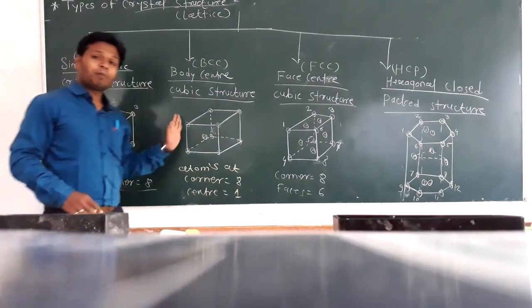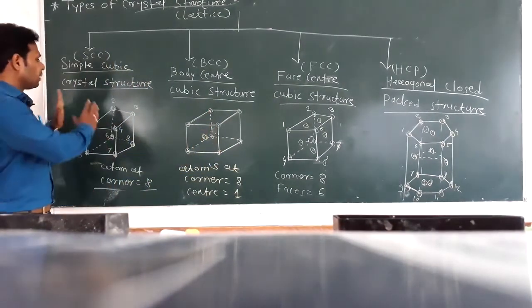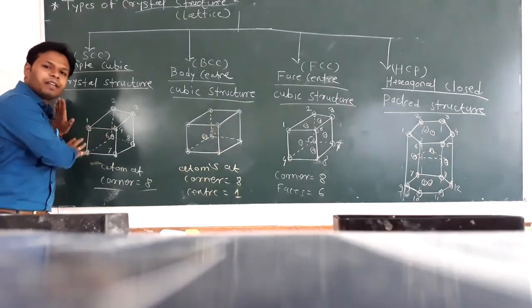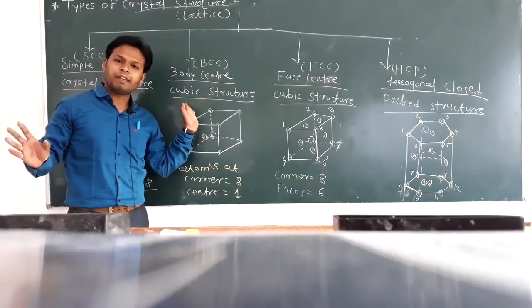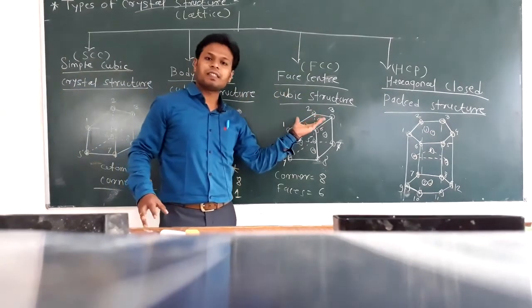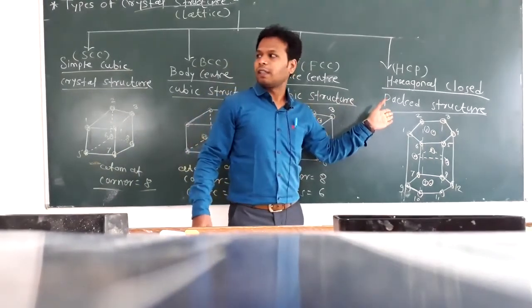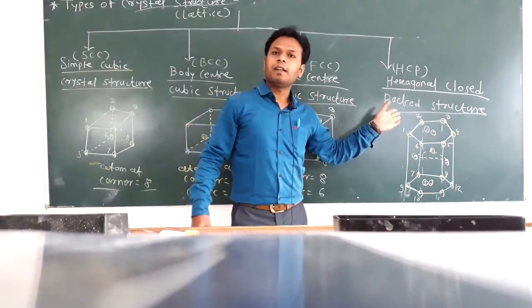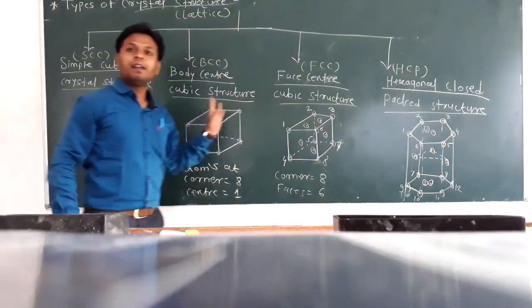The applications of these 4 crystal lattices are also different. The simple cubic structure is used for a particular application, body center cubic structure is also used for a particular application, face center cubic structure is also used for a particular application, and lastly hexagonal close packed structure is also used for that particular application. These are all 4 types of crystal lattice.